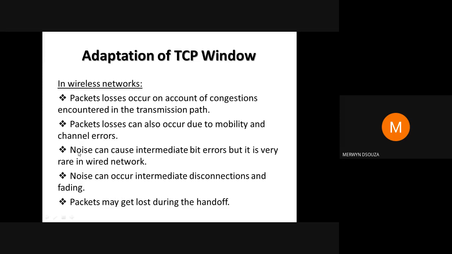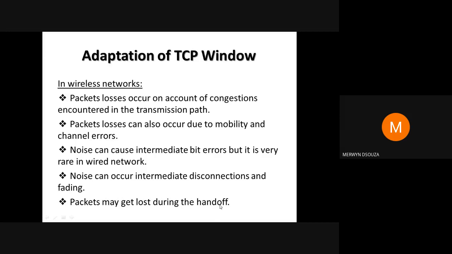Secondly, noise could also cause problems. There could be noise in the medium, and due to the noise, your packets may not get delivered, or it may result in errors. Then you may get disconnected. Packets may also get lost during handoff. What is handoff?